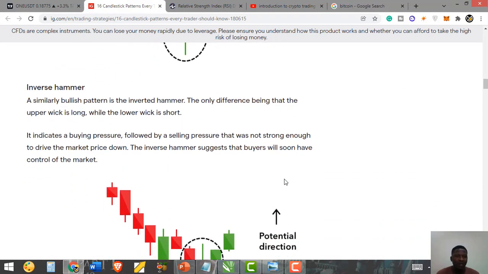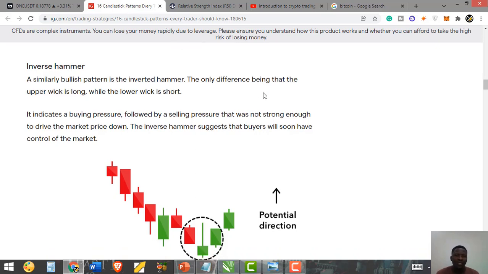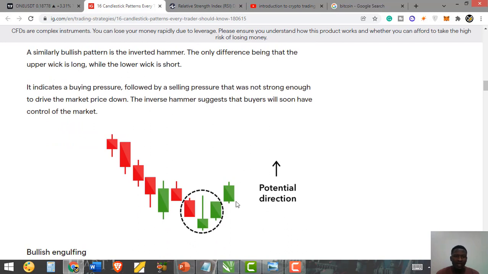We have the inverse hammer. It is a similar bullish pattern. It is the inverted hammer. The only difference being that the upper wick is longer while the lower wick is shorter. I've earlier mentioned what wicks are when explaining the anatomy of the candlestick.